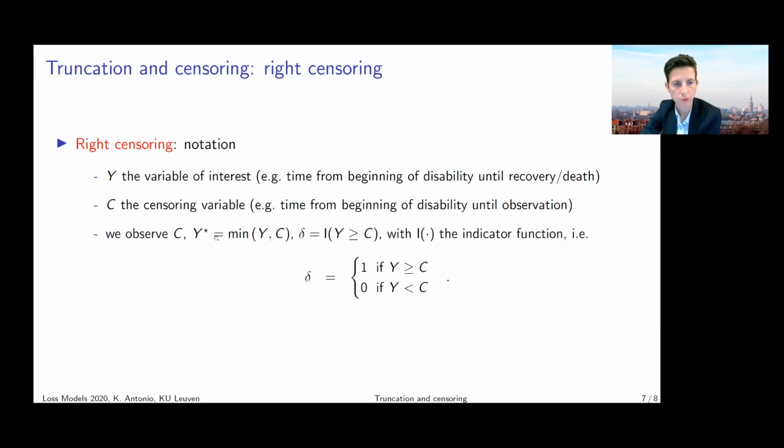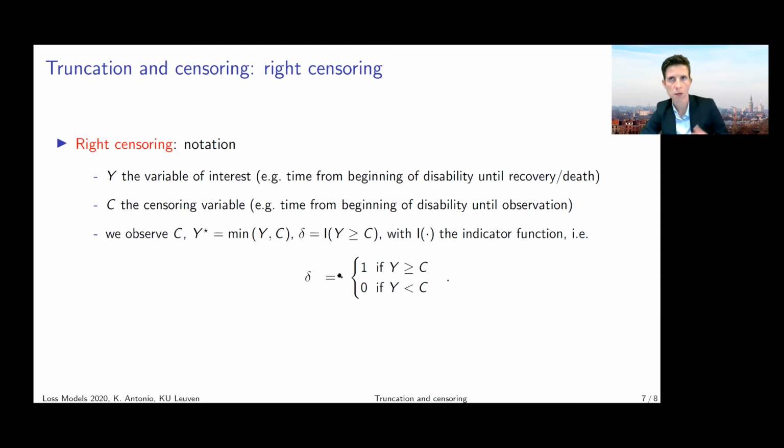So what we observe then is the minimum of Y and C. And we can also observe an indicator variable, delta, that tells me whether Y is larger than or equal to C or not. So if this delta is equal to 1, you would say that the observation is right censored. If the delta is equal to 0, then the observation is observed in full and is not right censored. Yeah, so that's what this right censoring is about.